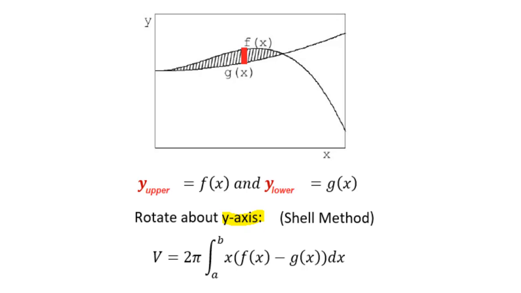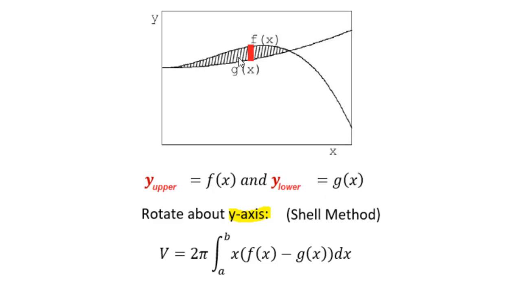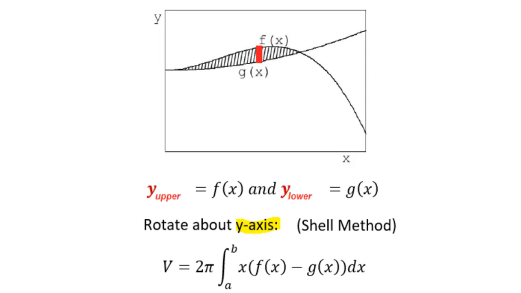What if the shaded area is not bounded by the x-axis? Like this one, the area bounded by two functions. If you want to use the shell method, then you need to figure out which one is the upper function and which one is the lower function. The height will be the difference of these two functions. So you have to use this formula.